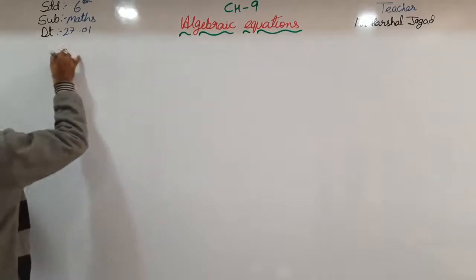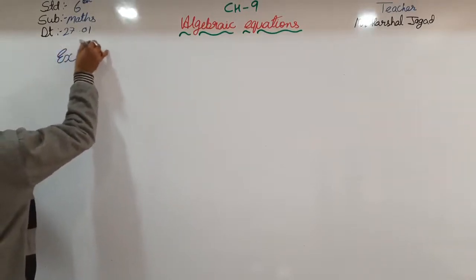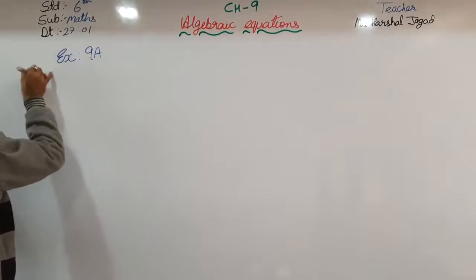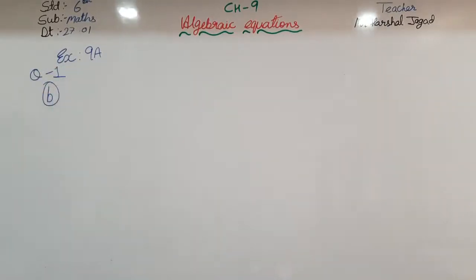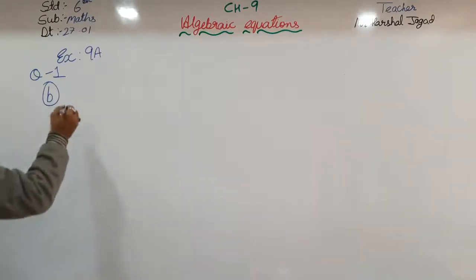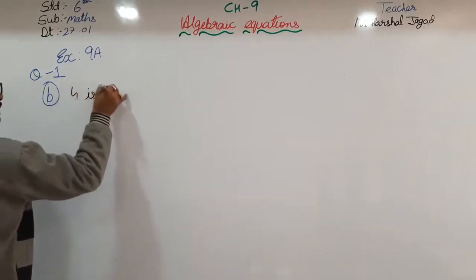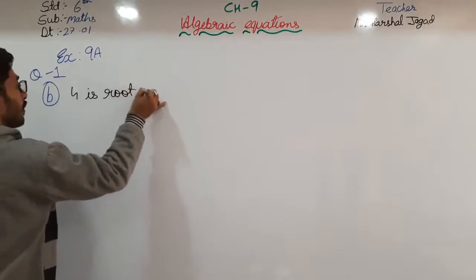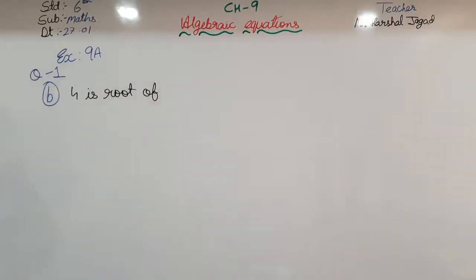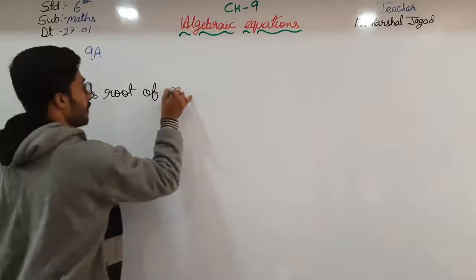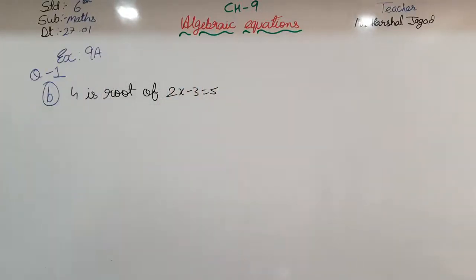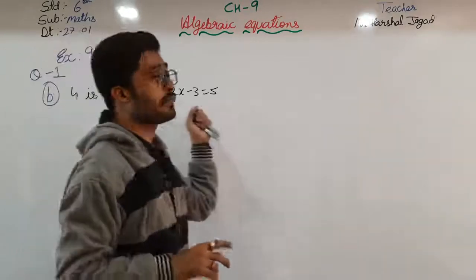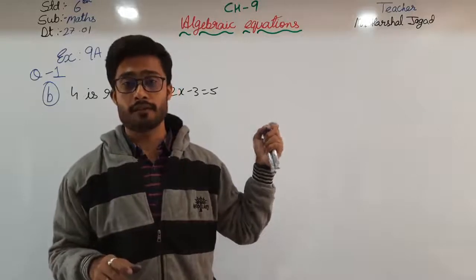From that I will do part B, which is: 4 is the root of 2x minus 3 is equal to 5. We have to find out whether 4 is the root of this equation or not.